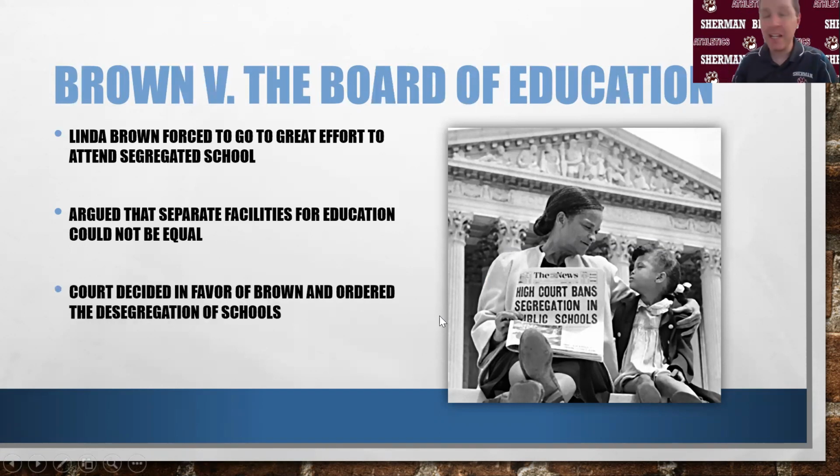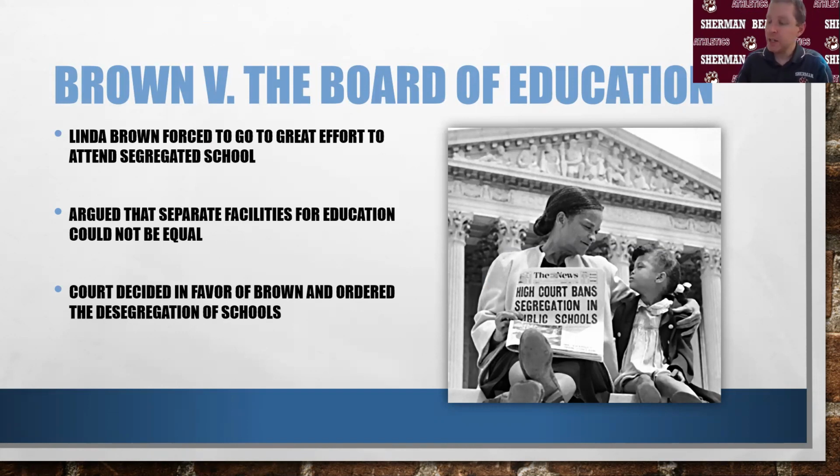The Supreme Court hears the case and decides, and by the way, this is huge. This is 1954, still a ton of racist people, obviously, in the country. But the Supreme Court decides, wait a minute, this is wrong, and they order the desegregation of all schools. Now, this is before a lot of the important things that happened in the civil rights movement.